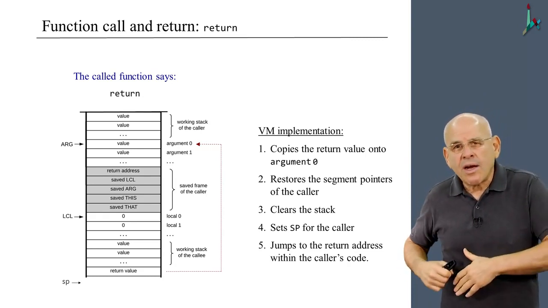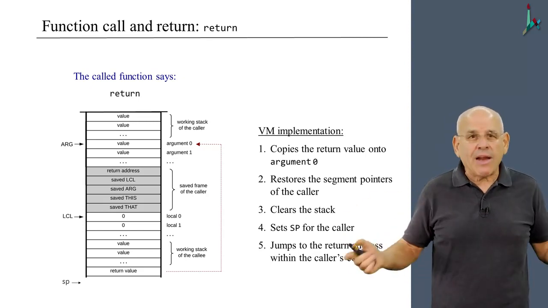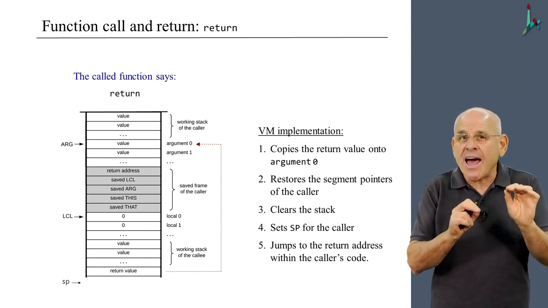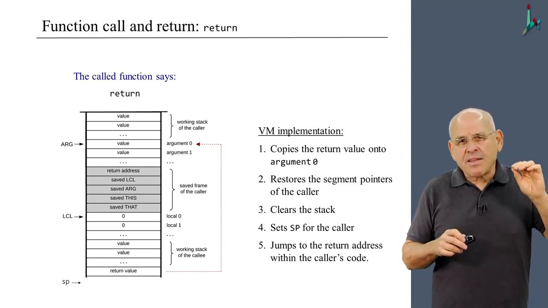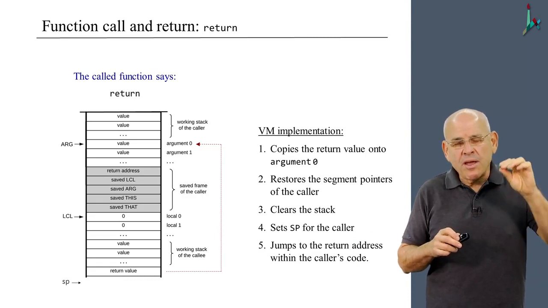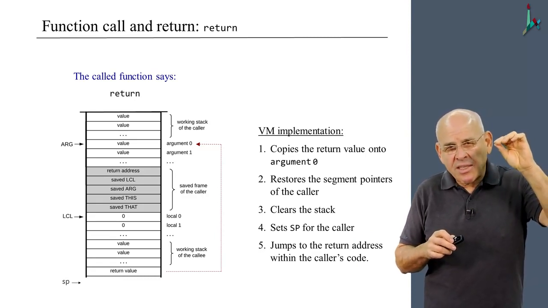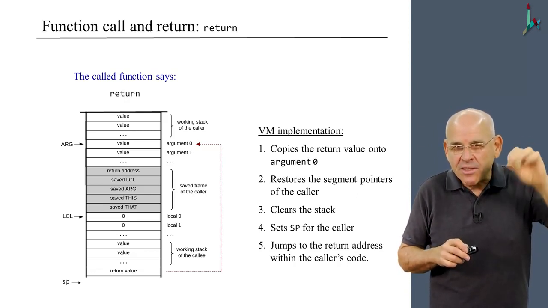Then I want to clear the stack of the called function, which is no longer relevant because the called function is going to die in just a few milliseconds. Then I have to set the stack pointer for the caller, and the stack pointer for the caller should be located just after the return value, right? Just after argument 0.